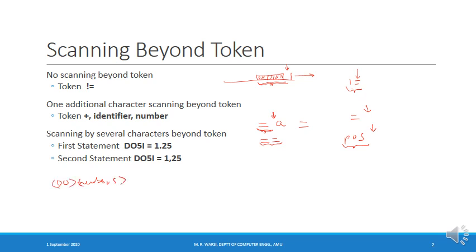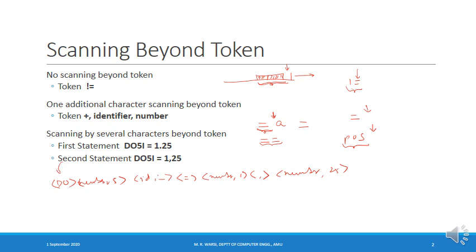The third one is an identifier, and corresponding to this, the location in the symbol table where the information about I is there. This is followed by the assignment operator. The next token is once again a number. The value of this is 1. The next token is a comma, which is a punctuation symbol. The next token is once again a number, and corresponding to this the value is 25. So these are the tokens which are there in the second statement.